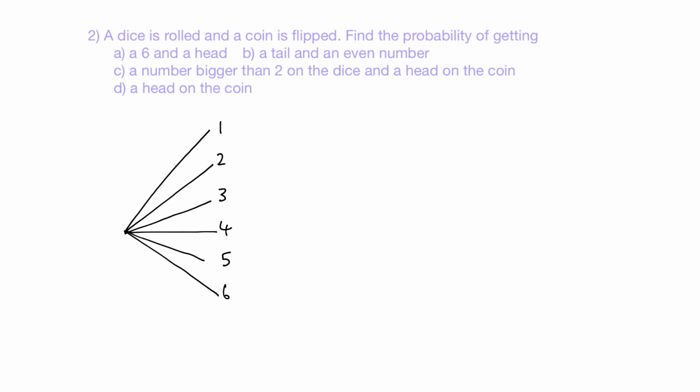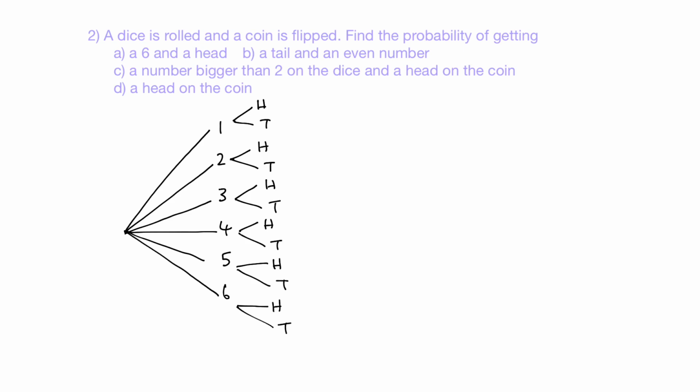Then we flip a coin. Each of these outcomes from the dice could be followed by either a head or a tail. So that's what we put onto the tree. Running out of space, aren't I? At the end of each of these lines are all the different possibilities.